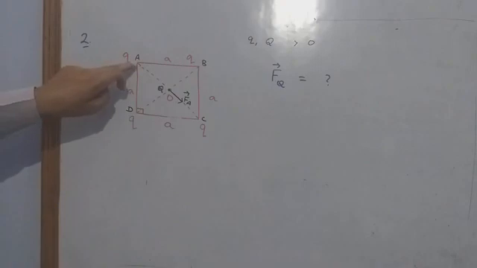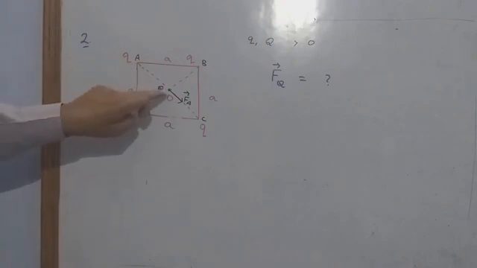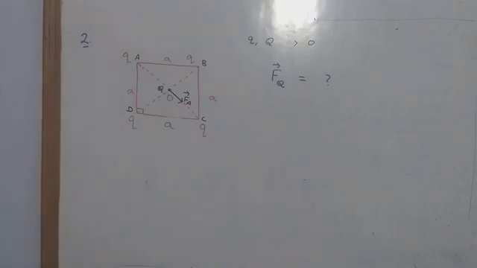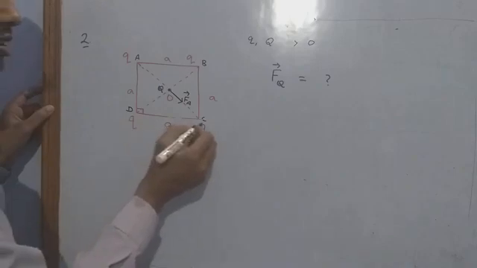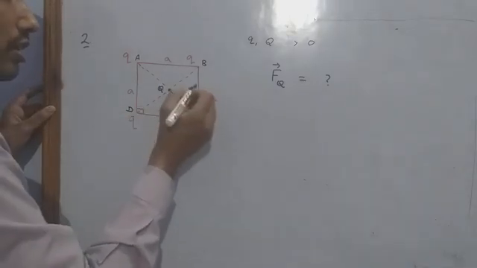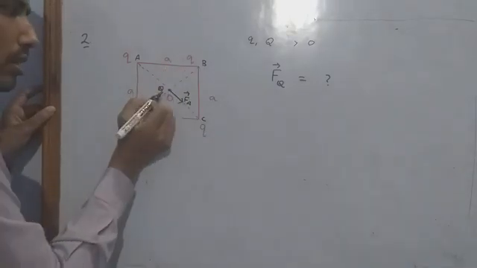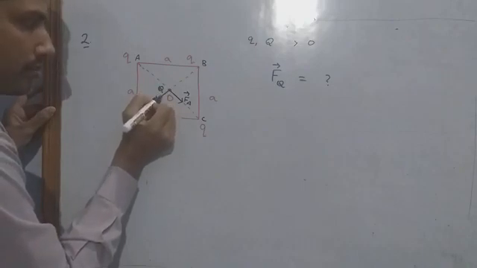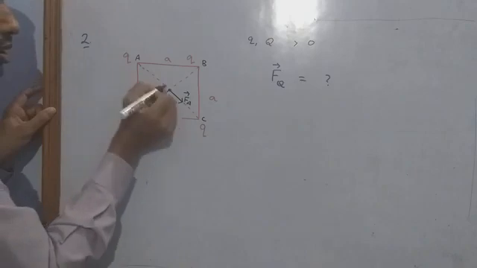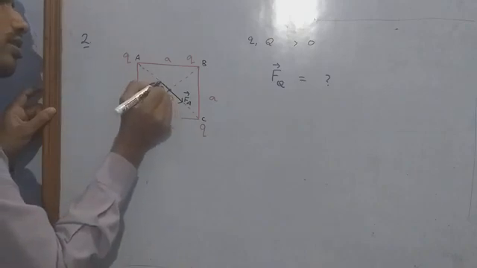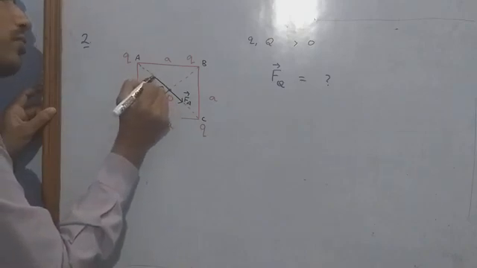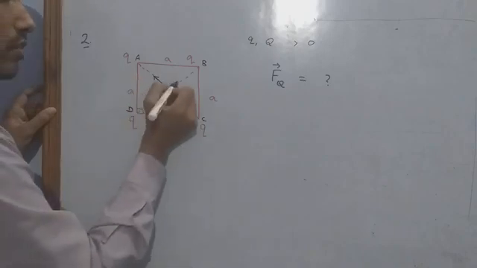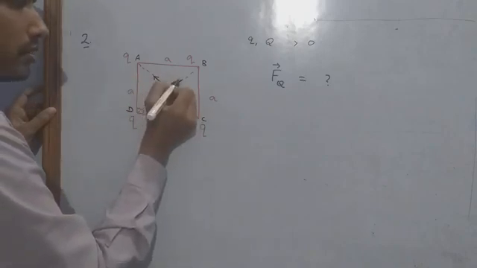If the charge at A and the charge at the center are of opposite sign, then the force will be attractive in nature. Likewise, FB: B will repel Q in this direction, C will repel Q and will exert a force in this direction, and D will exert a force in this direction.